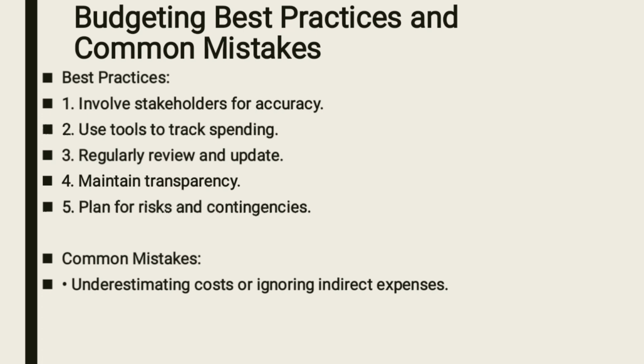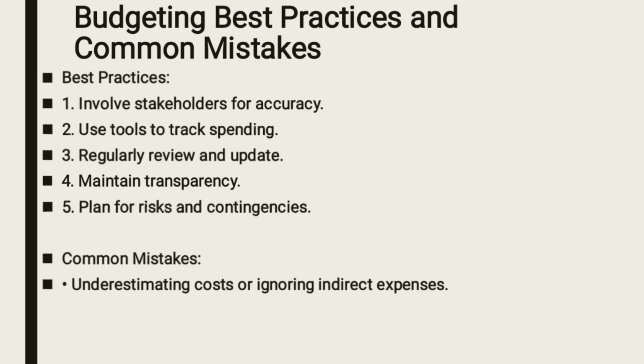Common mistakes. Here you underestimate the cost. Let's say the budget was supposed to be $100,000, but you underestimated it and put it at $80,000. This can come when you ignore indirect costs.